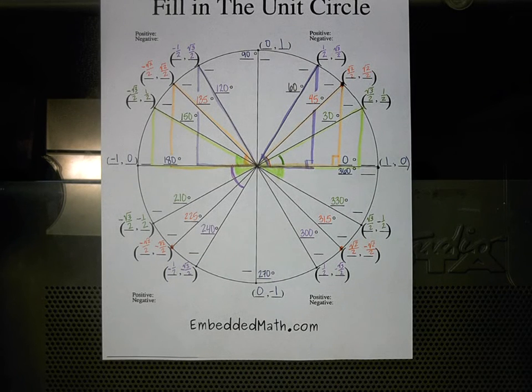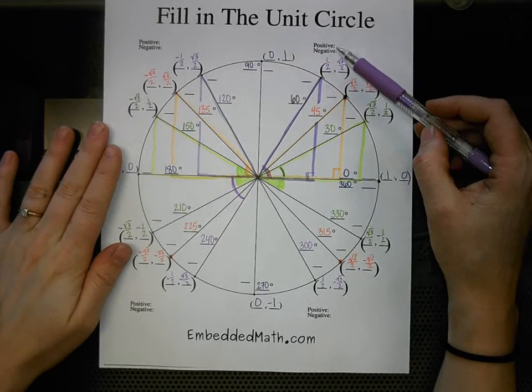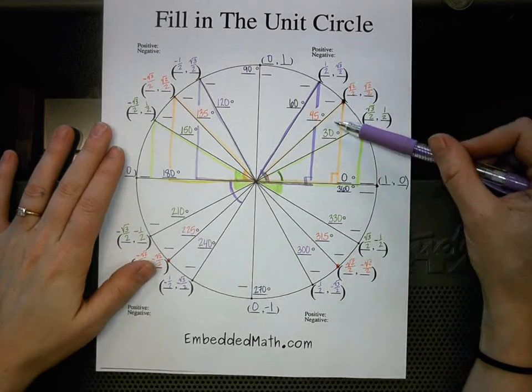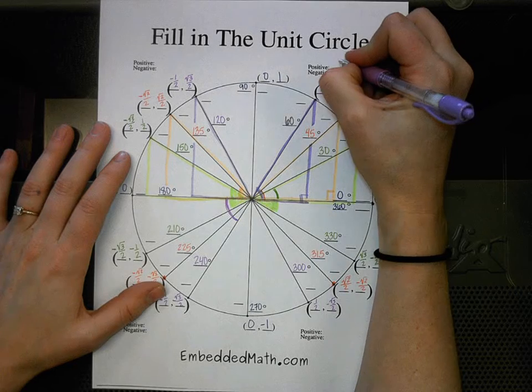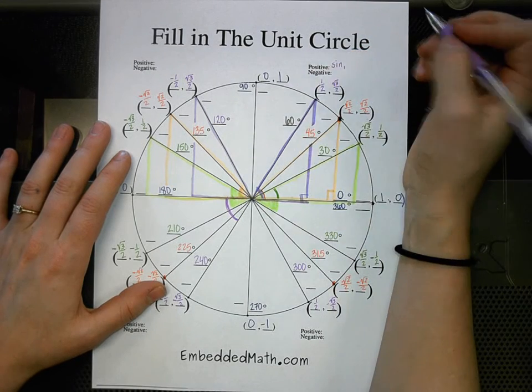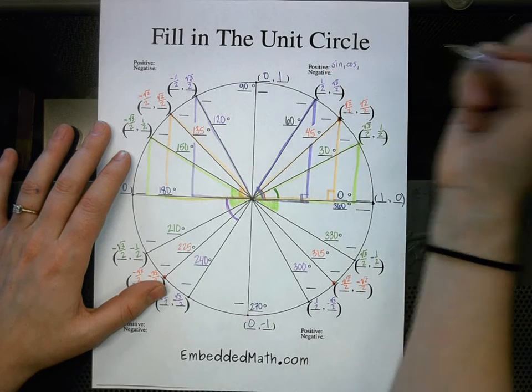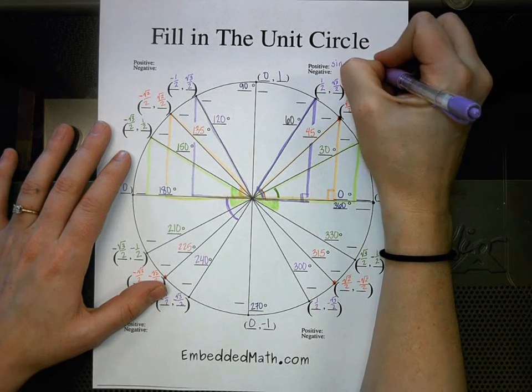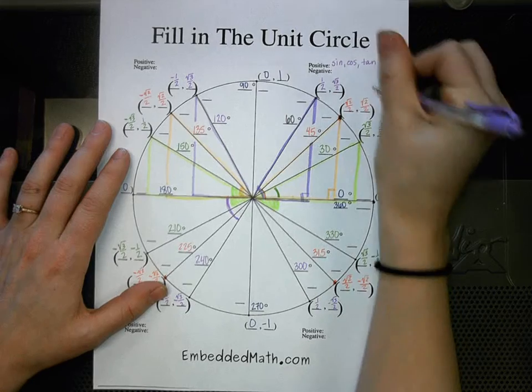All right. Let's talk about which values are positive in quadrant 1. Is sine positive? Is cosine positive? Is tangent positive? Okay, how do we know sine is positive?